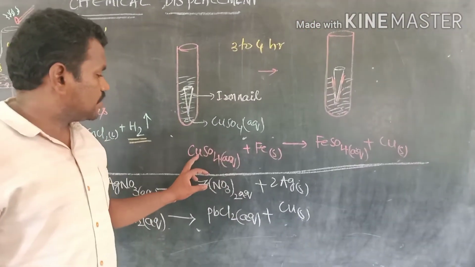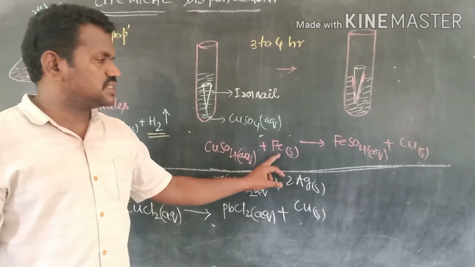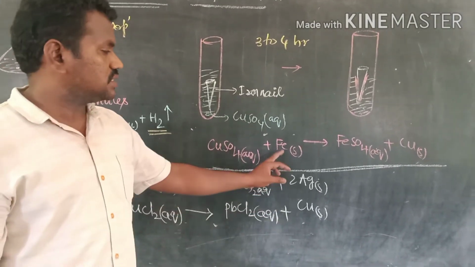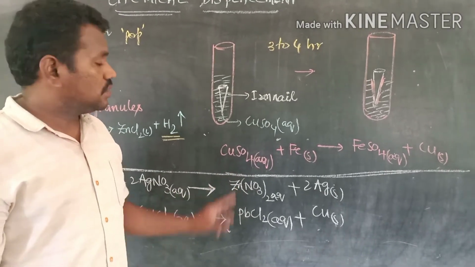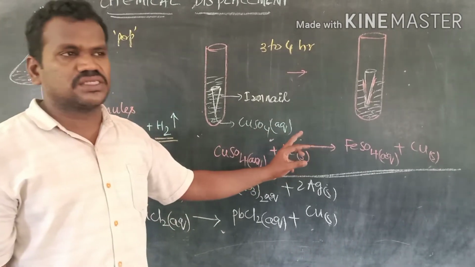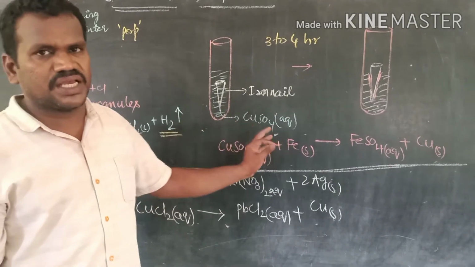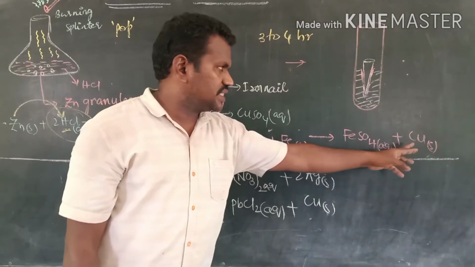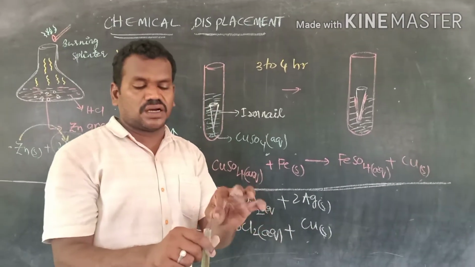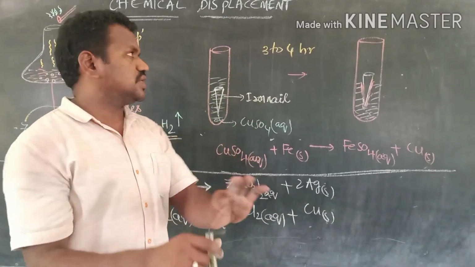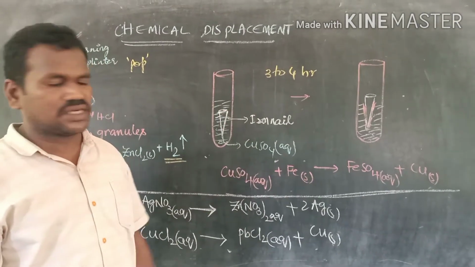The place of copper is displaced by the iron, because iron is a highly reactive element when compared to copper. The place of the copper is displaced, so that is a displacement reaction. What is left? Copper. That left copper is deposited on this iron nail. So it is an example of a displacement reaction.